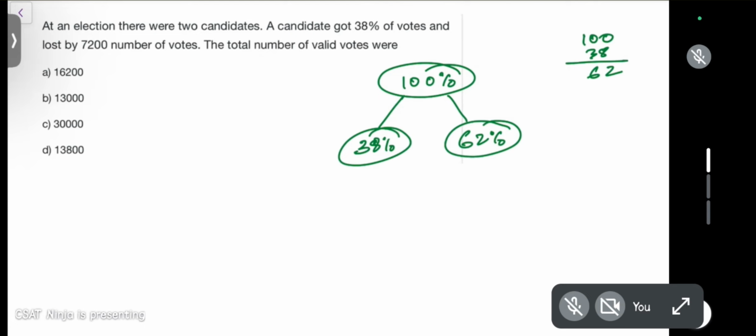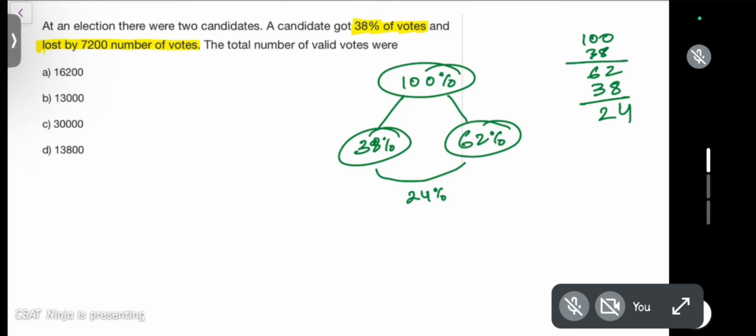But what's the difference? What is given here? Lost by 7,200 votes. That means let's find the difference between their percentages. 62 minus 38 is 24. That means the difference here is nothing but 24%. But what is given?